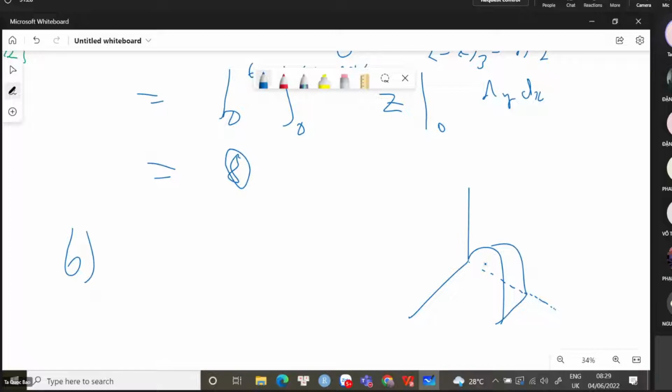So the unit looks like this. Okay. So this point is 0, and this point is 0, pi, 0.